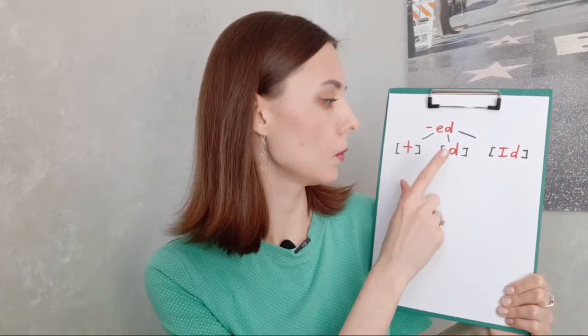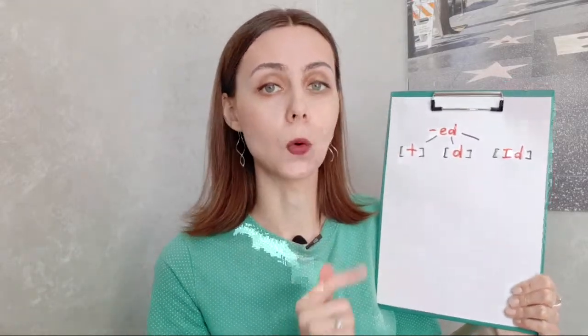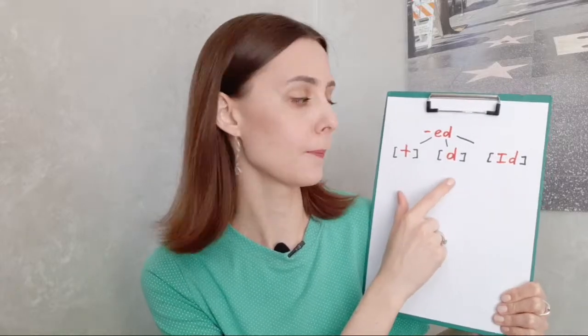We have 2 sounds here, t and d. T is unvoiced or voiceless. D is voiced. For example, we have such pairs as p, b, t, d, k, g.